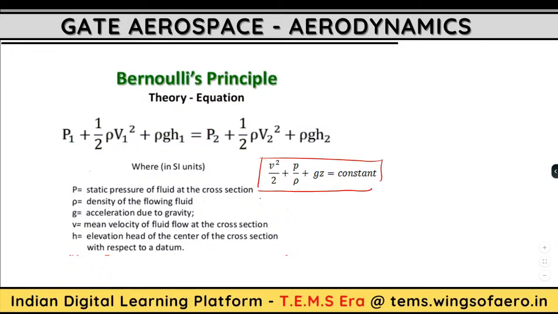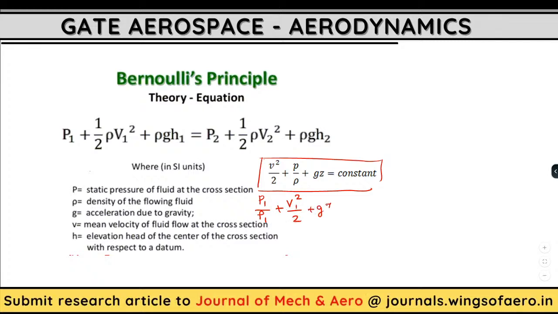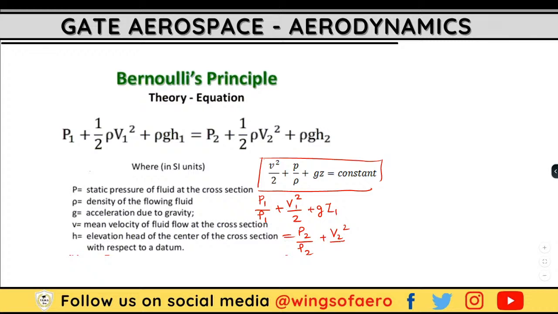So this can also be written as P1 by rho 1 plus V1 square by 2 plus g Z1 equals P2 by rho 2 plus V2 square by 2 plus g Z2.